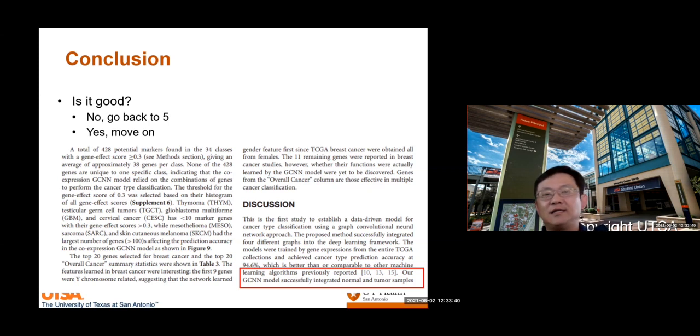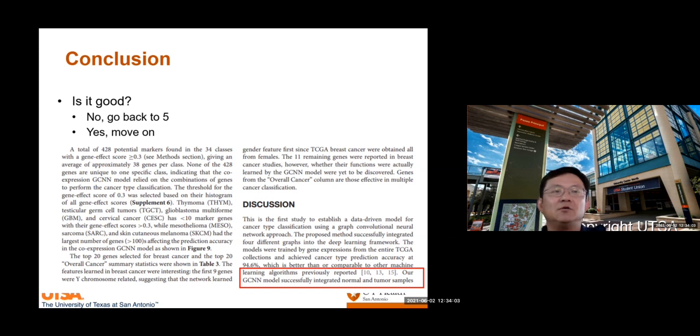So here, luckily, well, I wouldn't say luckily, this is definitely a multiple cycle of this process, but in the end, we're able to report that this GCN model that we established is able to produce a better accuracy when compared with other approaches.